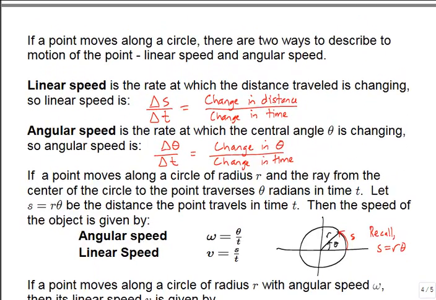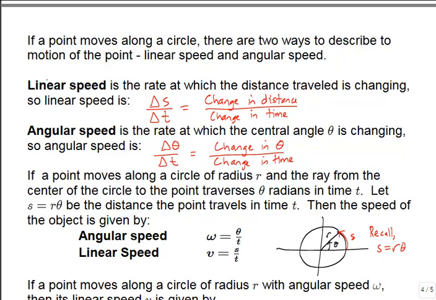Alright, the last thing we're going to talk about are a couple more formulas that relate to speeds. If you imagine a point moving along the edge of a circle, there are two ways to describe the motion of that point. We can talk about its linear speed, and we can talk about its angular speed.